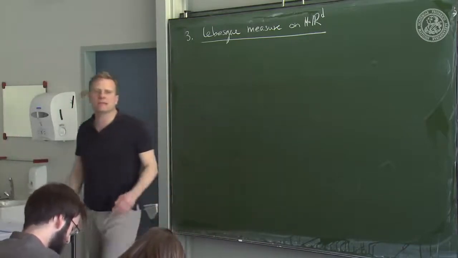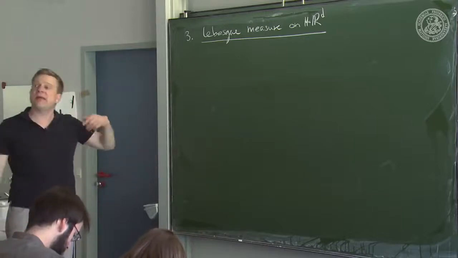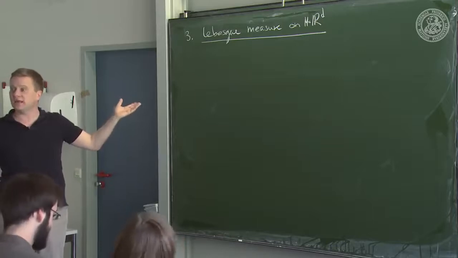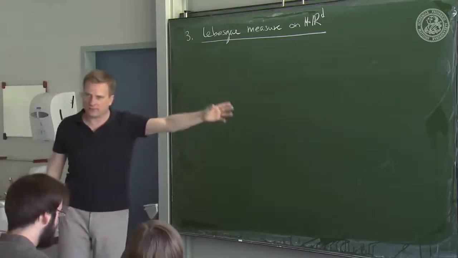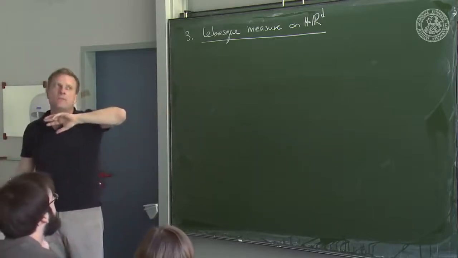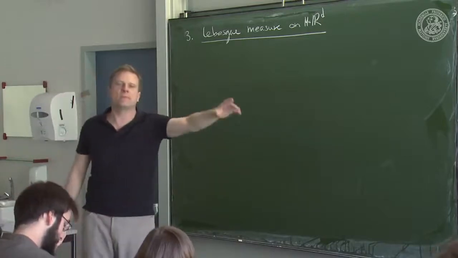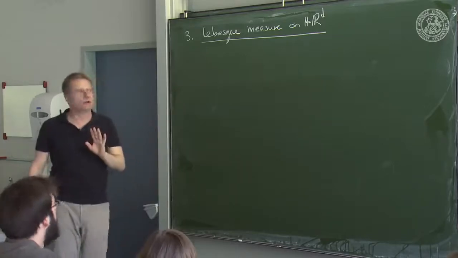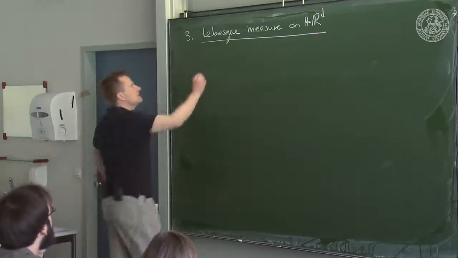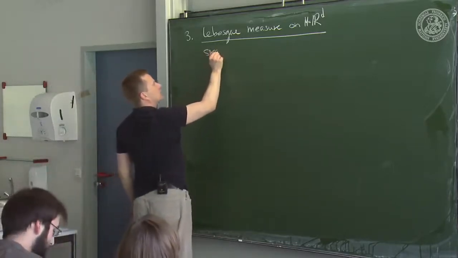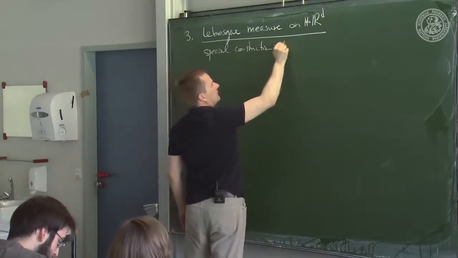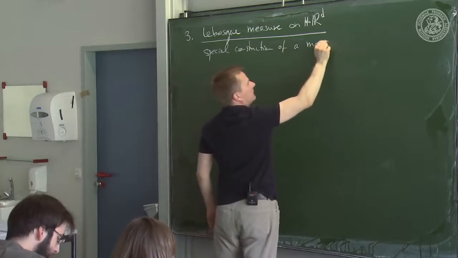Maybe this can be slightly generalized. There's a Lebesgue integral, it's again terminology. There's a Lebesgue integral you can define on measurable functions from any measure space to the real numbers, blah, blah, blah. But the Lebesgue measure as such is on R^D. So this is a special construction of a measure.